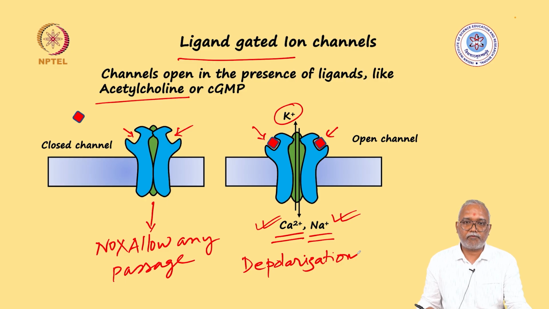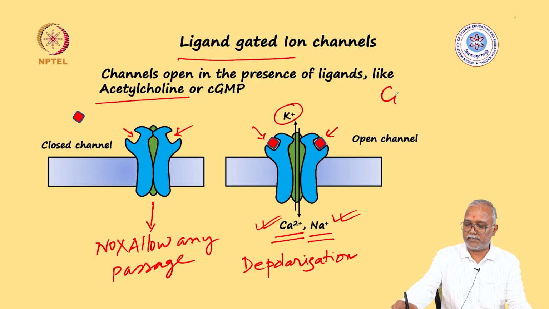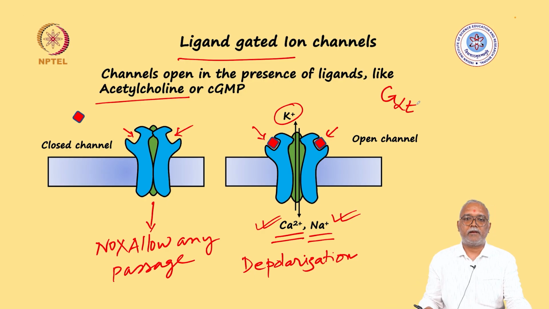And if we recollect, when we were discussing a particular type of G alpha, that was G alpha T, which was helping in the visual perception, there you saw that the channel was ligand gated and was responding to cyclic GMP. When cyclic GMP was converted into GMP, it could not bind to the channel, thus the channel was closing.